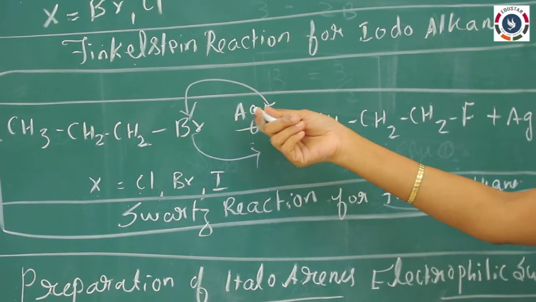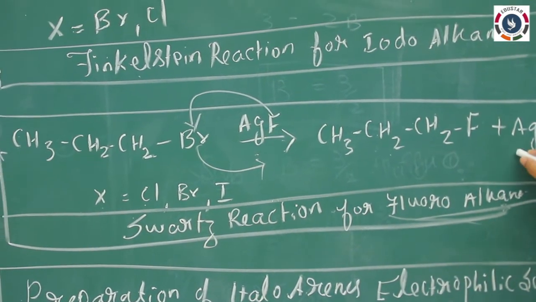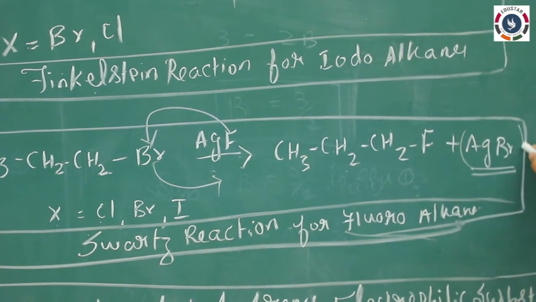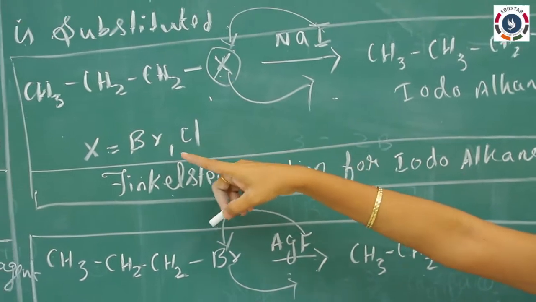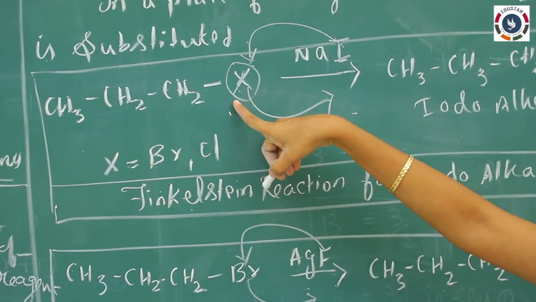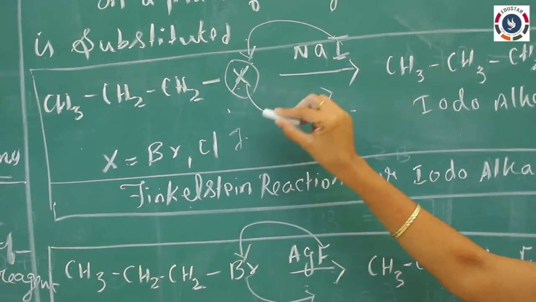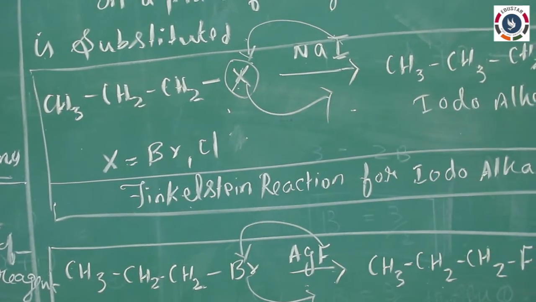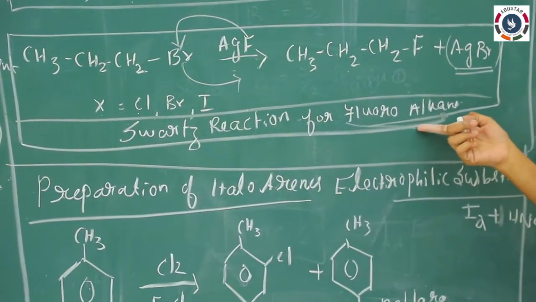So the fluoride gets substituted and we get a fluoroalkane. The rest is combined with the silver. Here we can have bromine, chlorine or iodine as the halogen, but the fluorine won't work as the starting halogen. Okay. So this reaction is also called the Swarts reaction.